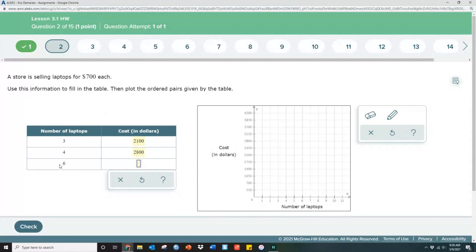So 6 times 7 is 42, and then 2 zeros. It's really easy to do it when you have 2 zeros. Now graph that. So 3 laptops gives me 2,100. 4 laptops gives me 2,800. And then 6 laptops gives me 4,200.